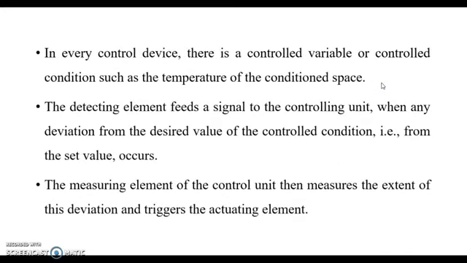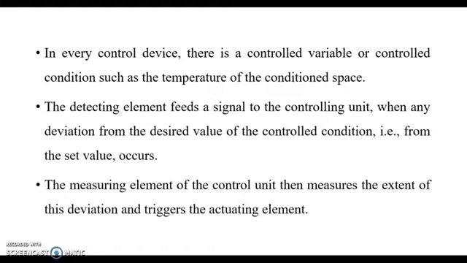In every control device, there is a controlled variable. In a refrigeration unit, the controlled variables are temperature, pressure, humidity and flow control devices. Here the detecting element detects the deviation from the desired value of the controlled condition.